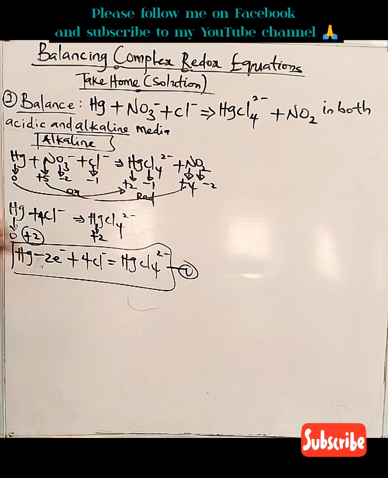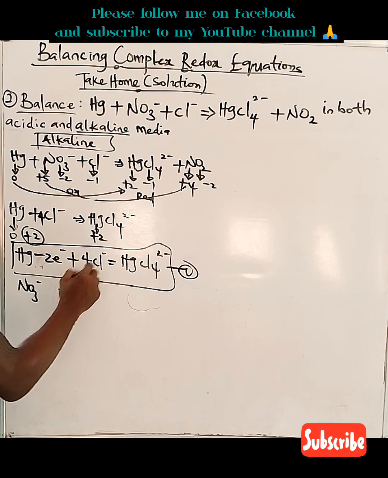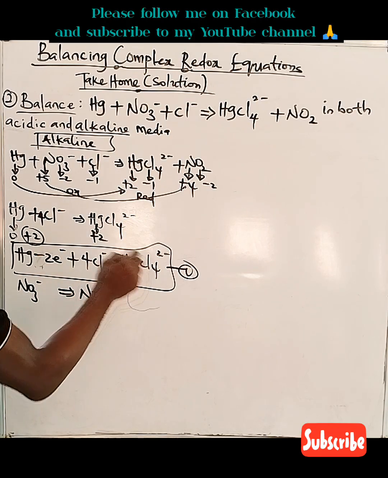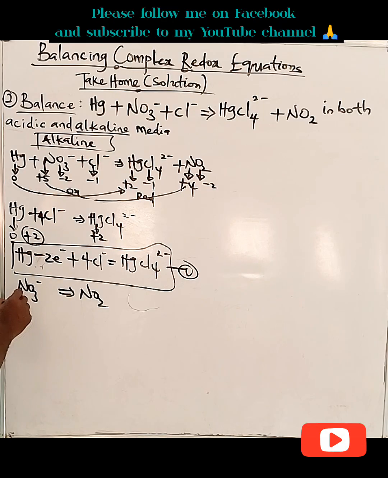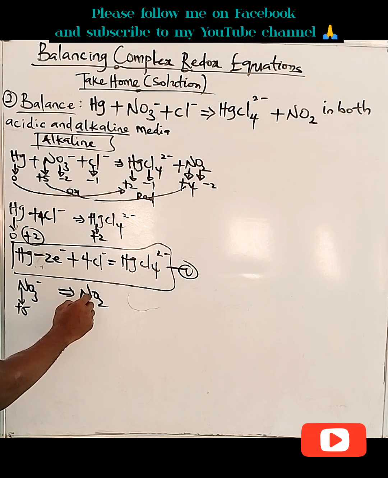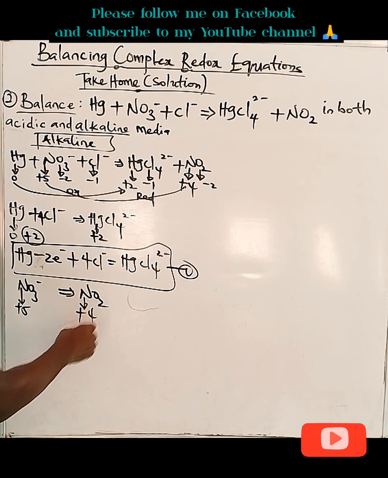The next thing we're going to be looking at now is the reduction. NO3 minus gives us NO2, with no charge. On the product side, NO2 has no charge. Don't forget the 2 major players: plus 5 for this nitrogen atom and plus 4 for the other.